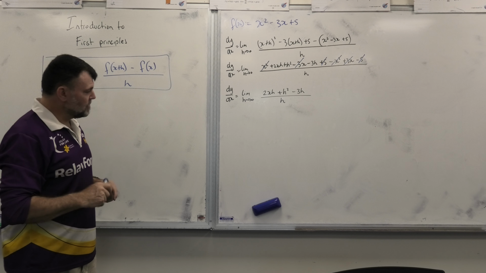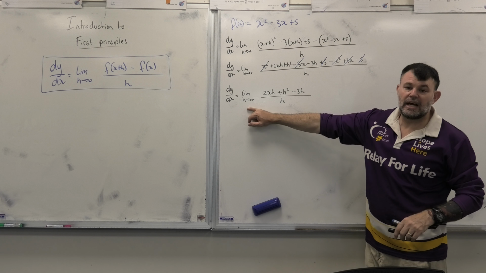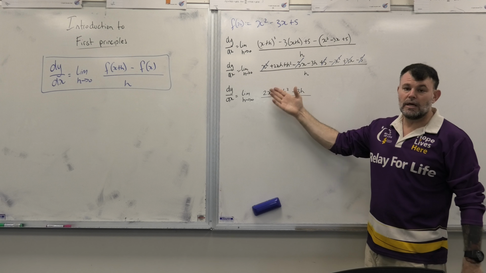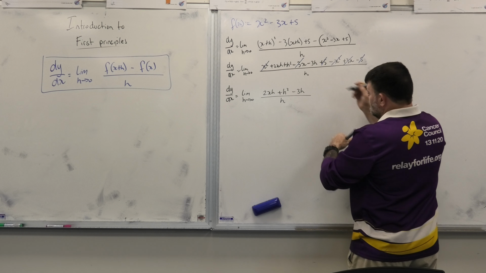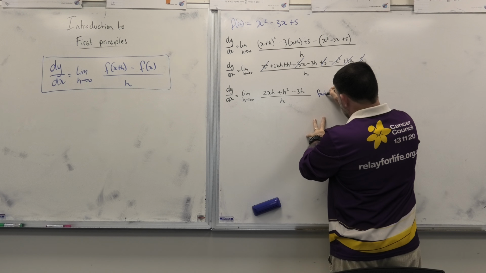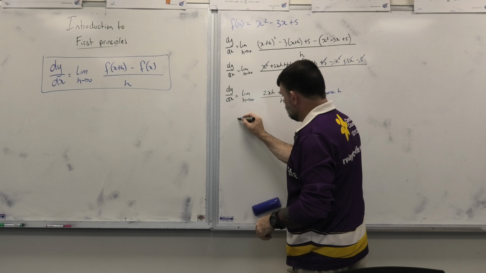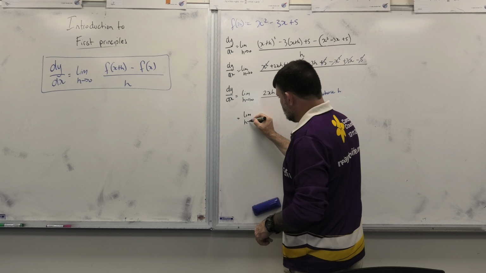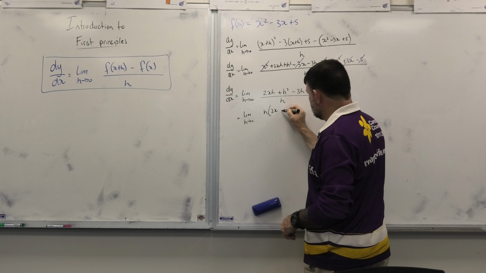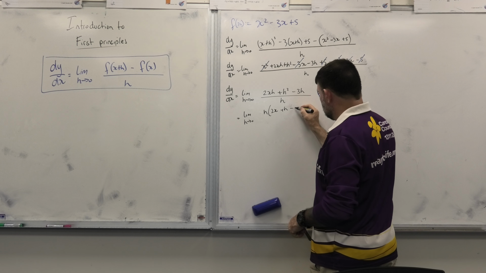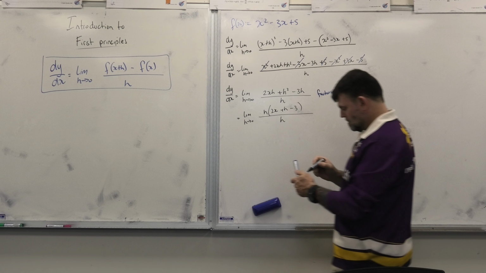Now, remember at this point we want to get down to making h equal 0, but I can't do this here because if I do, I'm going to get 0 on 0. So remember we factorize h. So the limit as h approaches 0, we get h times (2x plus h minus 3) all over h.